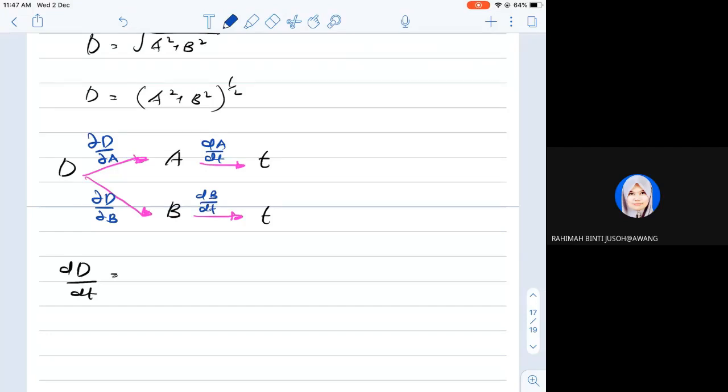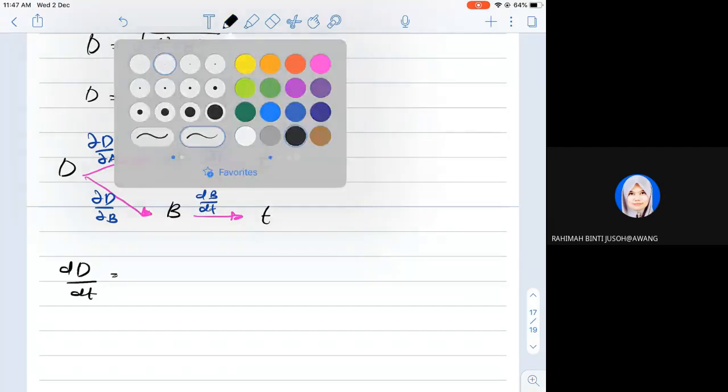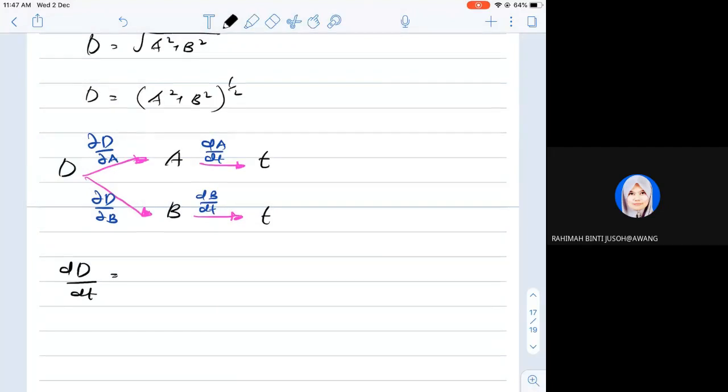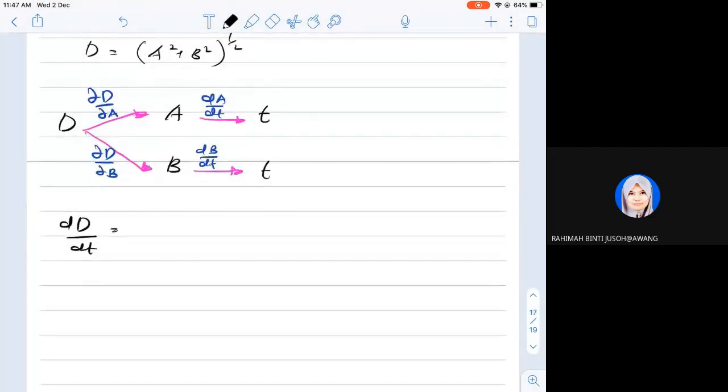So we will have the chain: del D over del A multiplied by dA over dt plus del D over del B multiplied by dB over dt.